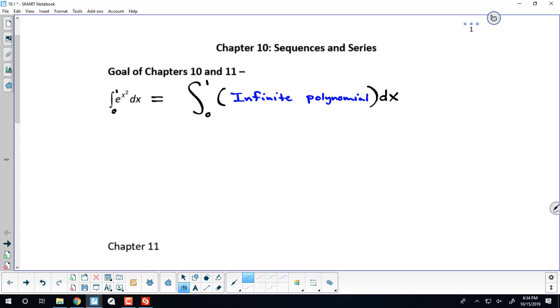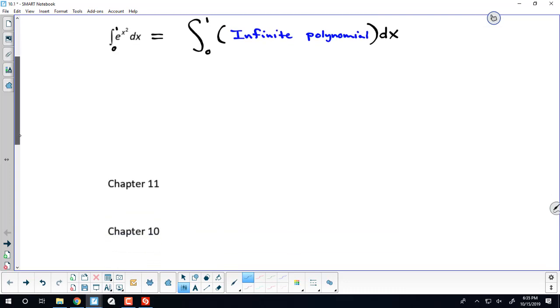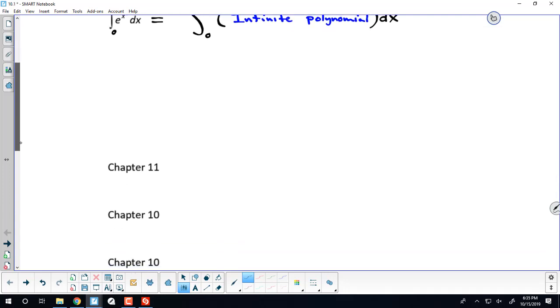It says, find this definite integral, and maybe we want you to be within 10 to the negative 5 worth of accuracy. Then the more accurate you have to be with these types of infinite polynomials, the more terms you need to look at, is basically the gist. That applies to other functions too, but that's what we're building up to.